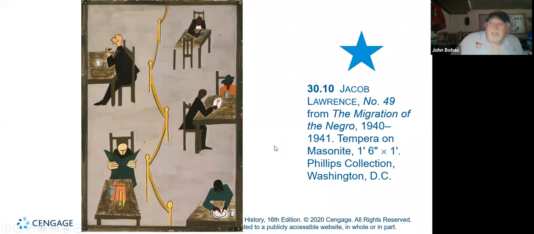He made tons of paintings about the conditions under which African Americans were living, and The Migration of the Negro, 1940-1941. He did a whole bunch of paintings about the Great Migration. The Great Migration was basically a lot of African Americans finding it intolerable to continue living in the South.